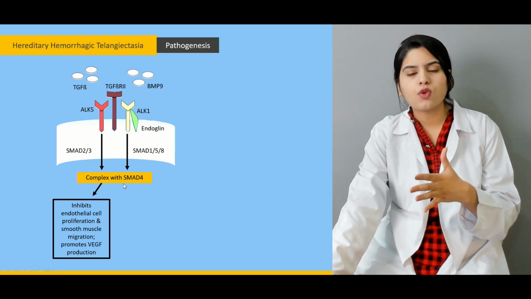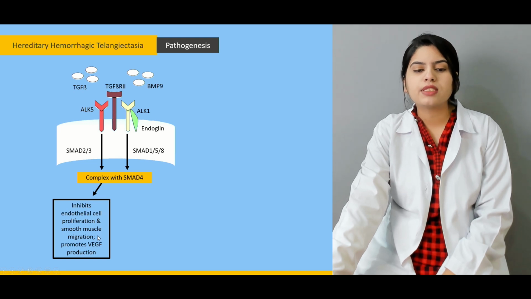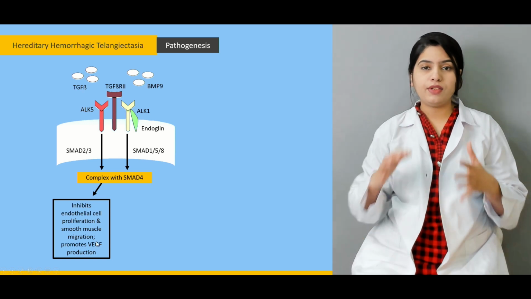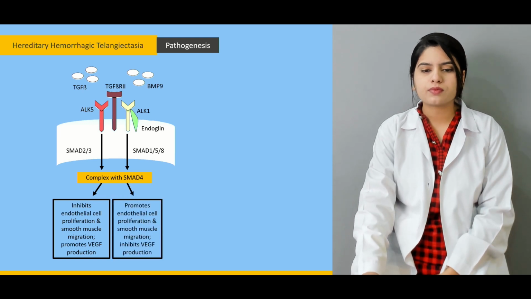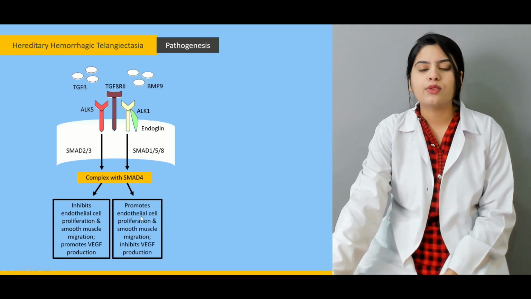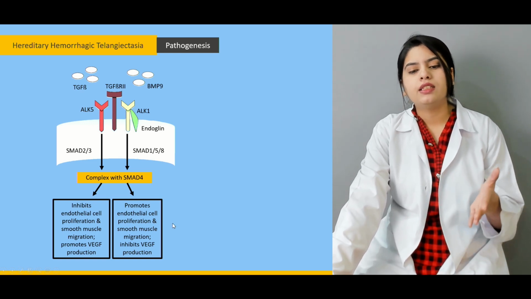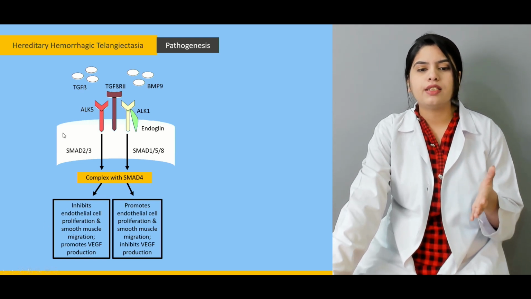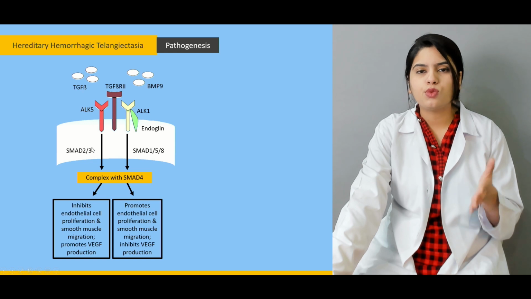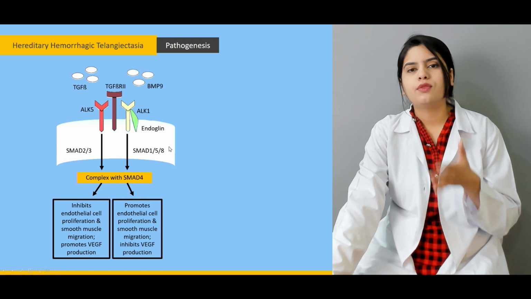Once this complex is formed, it inhibits endothelial cell proliferation and smooth muscle migration. This promotes vascular endothelial growth factor production. Also, it promotes endothelial cell proliferation and smooth muscle migration and inhibits vascular endothelial growth factor production. Now, this is the case when there is involvement of SMAD2 or 3. Or this is the case when there is involvement of SMAD1, 5, or 8.